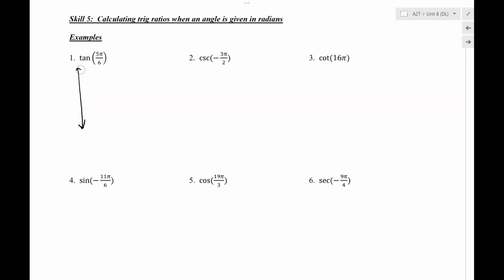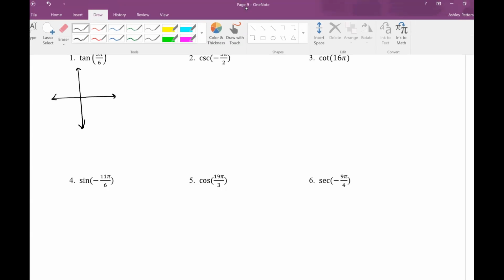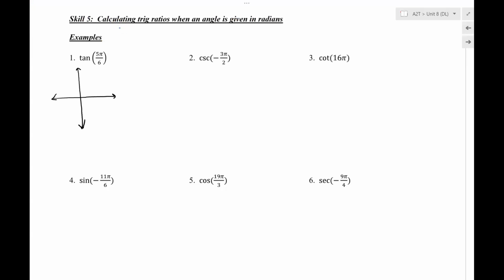Okay, so thinking about my x and y axes, and the denominator is 6, which means to me that it's going to have a reference angle of 30. I just have to figure out where I am on my unit circle in the quadrants. Okay, so 30 degrees, this is pi over 6, 2 pi over 6, 3 pi over 6, 4, 5 pi over 6.